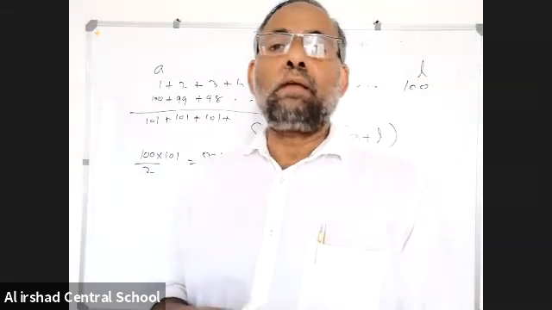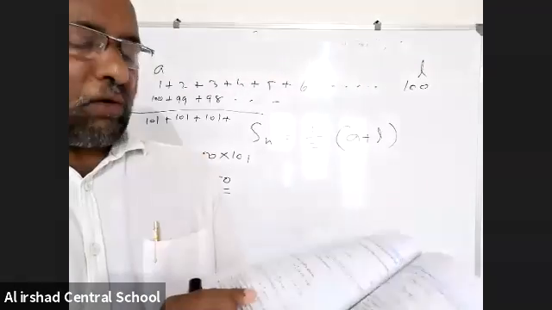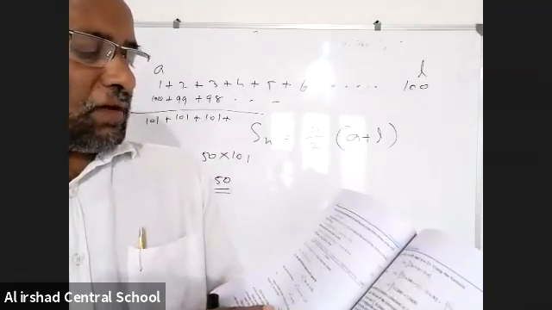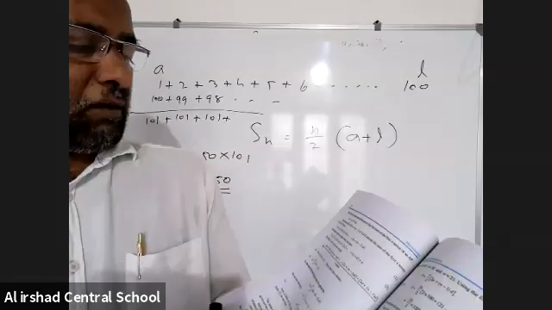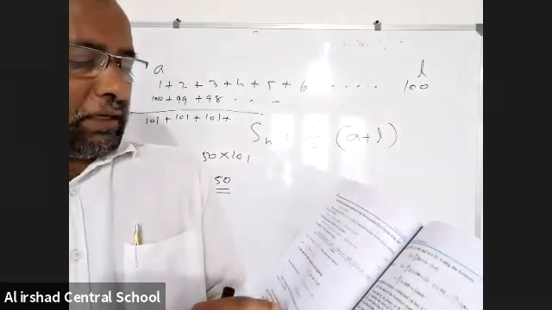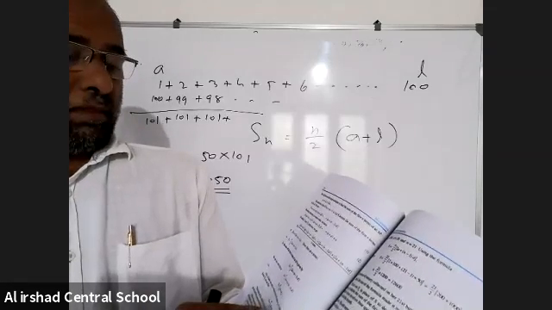Page number 108, open it. Can you see? The sum of the first n terms of an AP is given by what I explained now, the second one. Can you see n by 2 into a plus l? Yes, sir. Underline that.